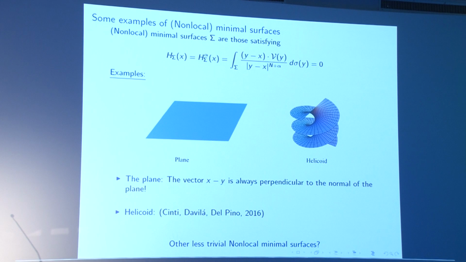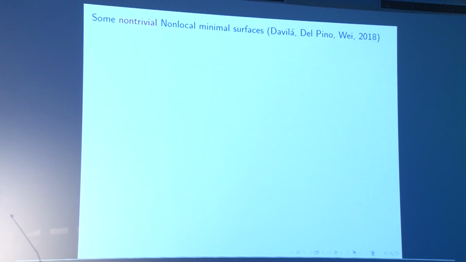Of course, most of the examples that we find so far are kind of parallel to those that existed before. One of the simplest and most important questions is the catenoid, or the Euler surface. This was part of the work of Davila, Del Pino, and Wei, in 2018.